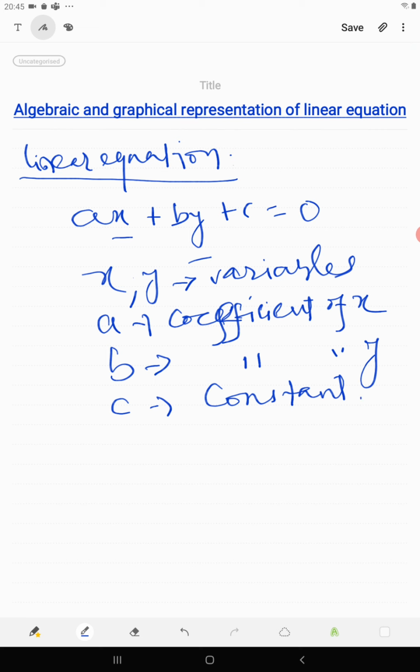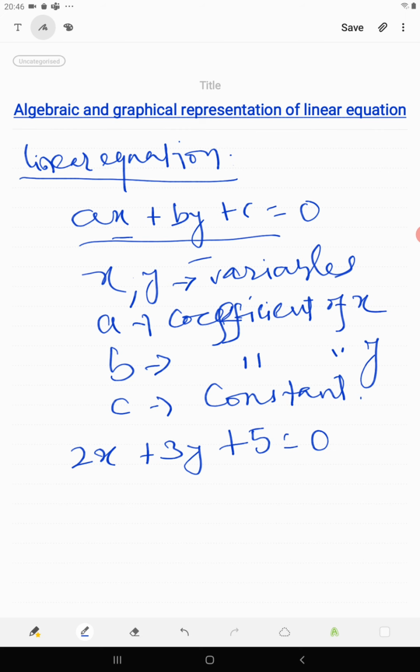So remember, any linear equation can be represented in such a form. For example, let's take the example 2x plus 3y plus 5 equals to 0.